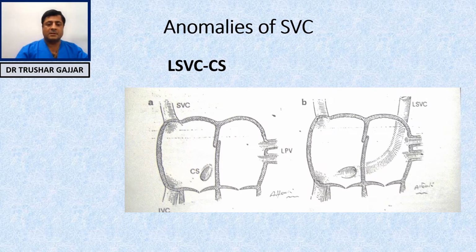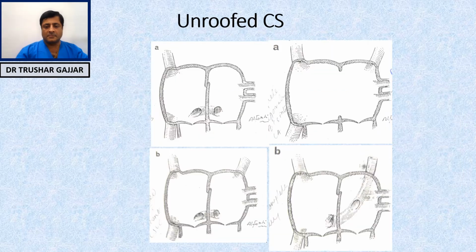The coronary sinus in a normal heart is like this, but suppose the left common cardinal vein remains patent and forms the LSVC, which drains into the coronary sinus. There will be an unroofed coronary sinus.